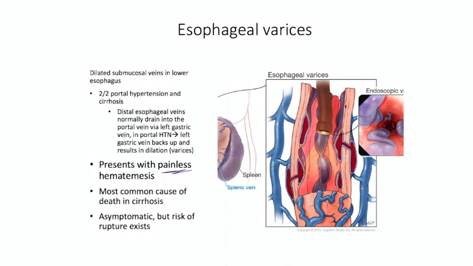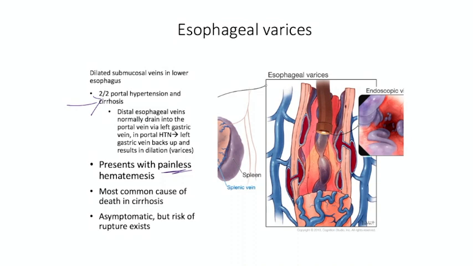This is secondary to dilated submucosal veins that are present in the lower esophagus, and this is related to portal hypertension and cirrhosis. What we have are distended esophageal veins in that distal area that normally drain into the portal vein via the left gastric vein.